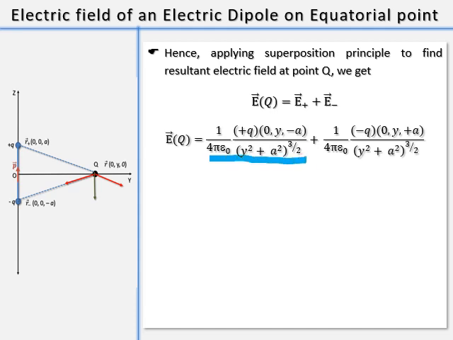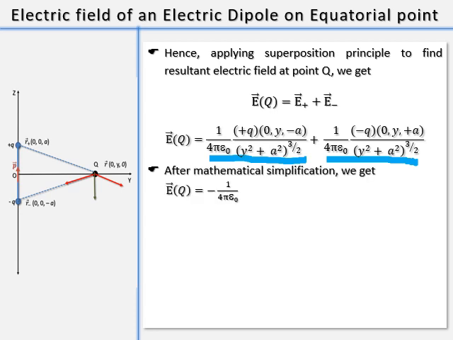The next term is indicating the electric field due to the negative charge. But then what we got is that the electric field at point Q is minus 1 by 4 pi epsilon 0 vector p upon y square plus a square raised to 3 by 2. This is what we get.